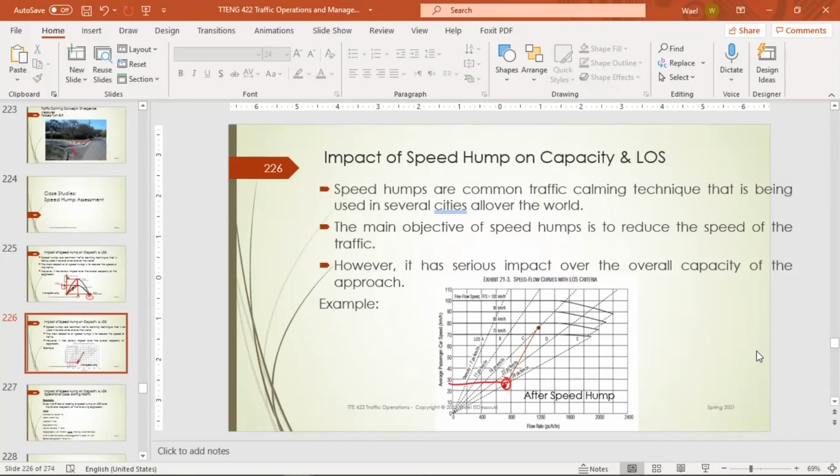The original was 75 at level of service C, so it will go down to that point. Of course, actually, it will go this way. It will be in F.